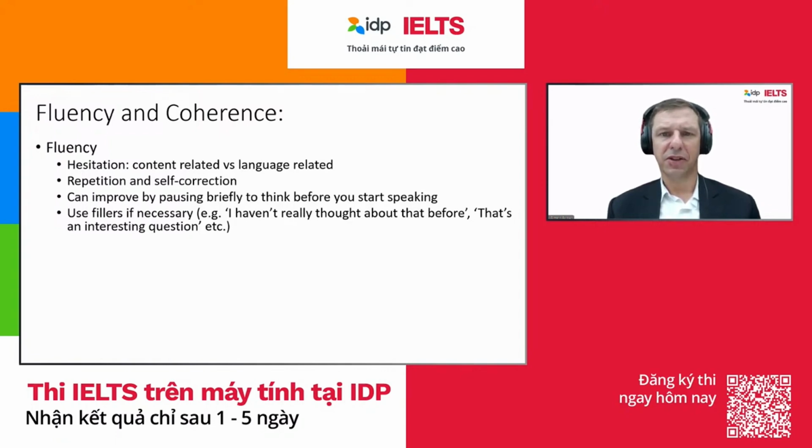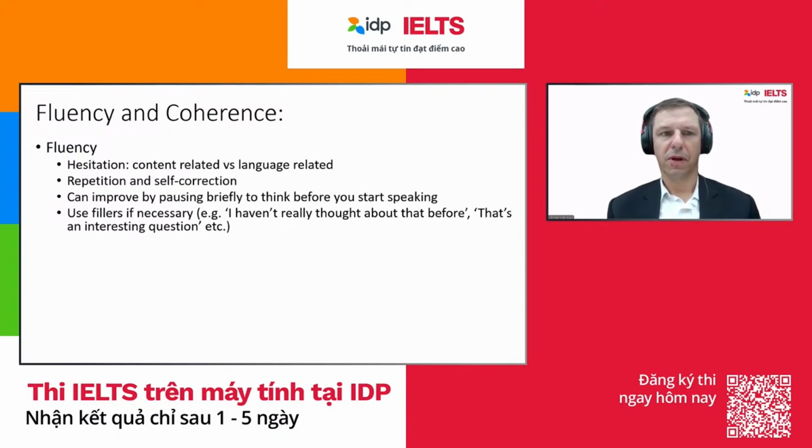And language related hesitation is because you're trying to think of the vocabulary or grammar structures that you need to produce the answers. And how do you know the difference? Well, content related happens generally at the start of a sentence, whereas with language related hesitation, you get to the middle of a sentence and you start stopping, and that's because you're thinking of language to say.